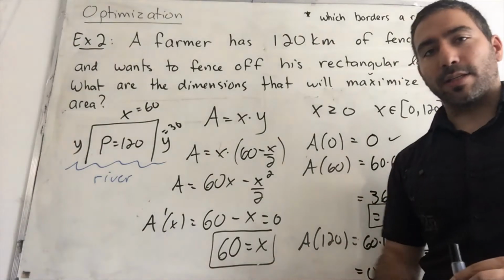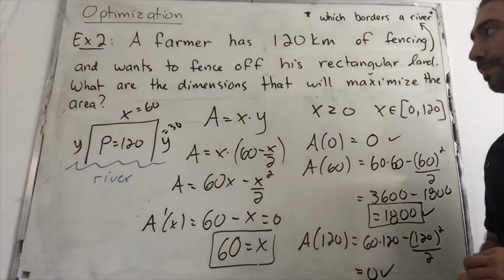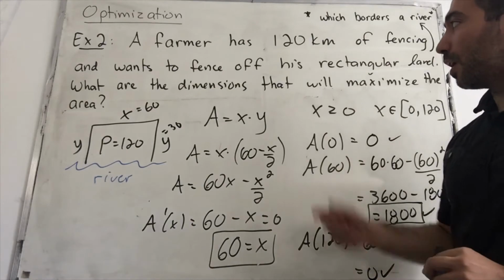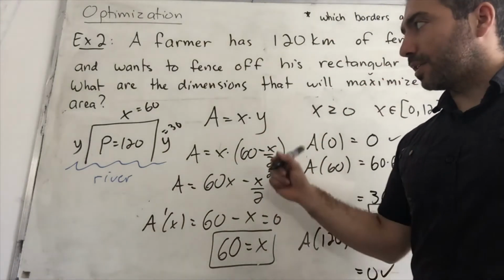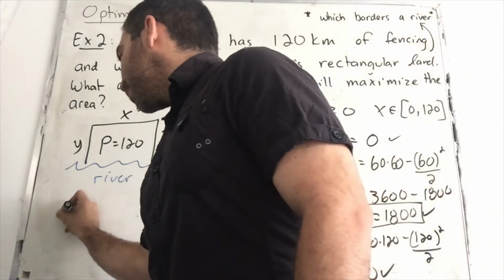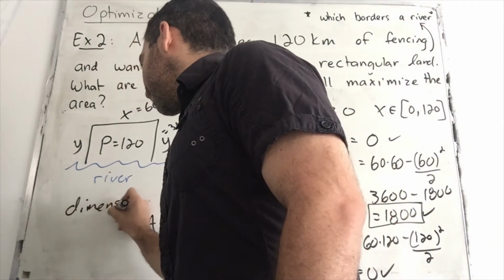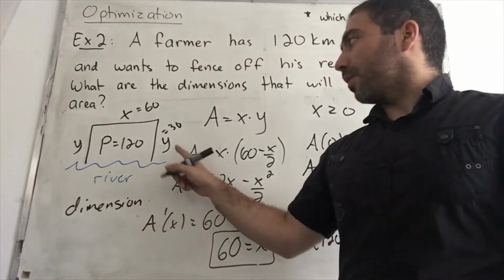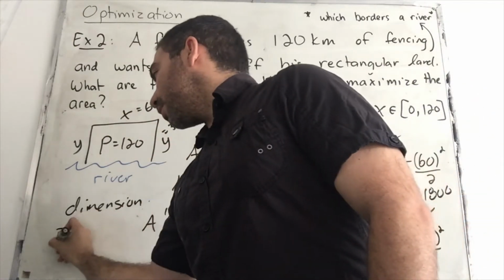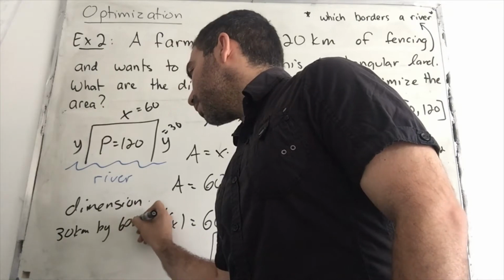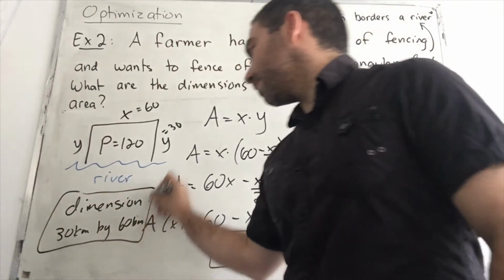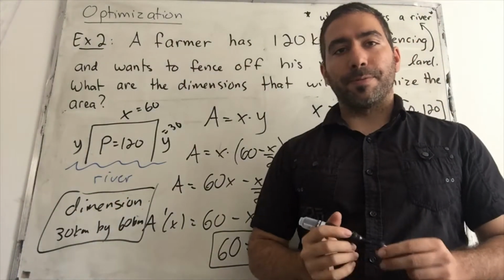So this is in fact an absolute max. And we're done. So the dimensions that will maximize the area are, let's throw in our units because everything's in kilometers here, 30 kilometers by 60 kilometers. That would be the final answer.